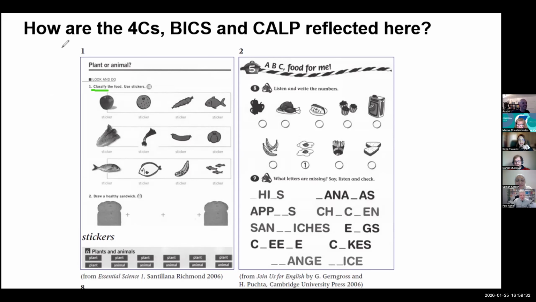Good. How are these activities reflecting the 4Cs we mentioned, the higher order thinking, the social aspect of it? The first one would be the content, because the content is science content. Good. Yep.